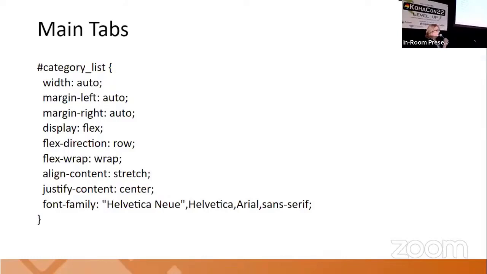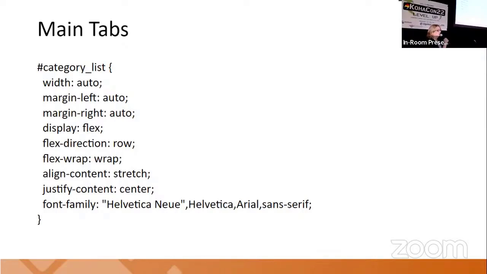And then for the main tabs and the sub tabs, I've just got a lot of CSS for the width, the margin. And again, these were things that I don't inherently know, but I played around with.